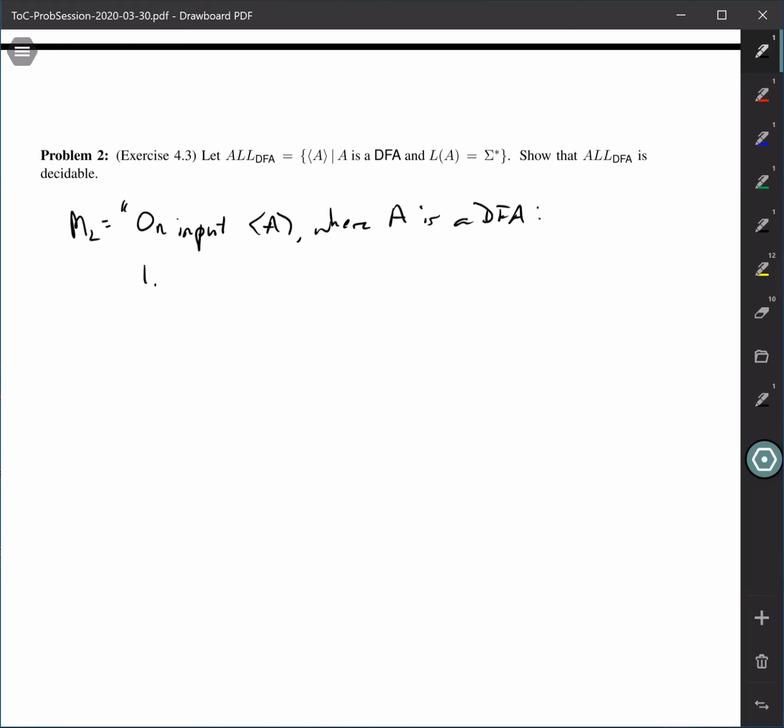We name the machine, we say what the input is, and now we have to figure out what we're doing. Like I said, there's several different ways to do this. I'm not stuck on any particular algorithm, so I'll let whoever wants to throw out suggestions sort of guide how we go on this. What existing language that we have an algorithm for, what existing problem on DFAs do you want to use for this?